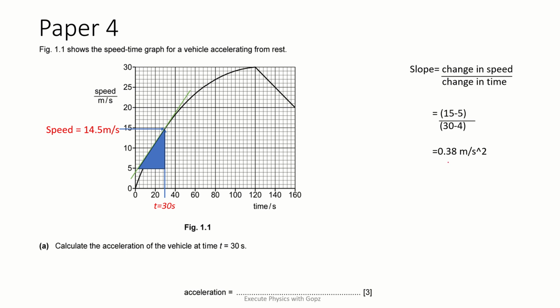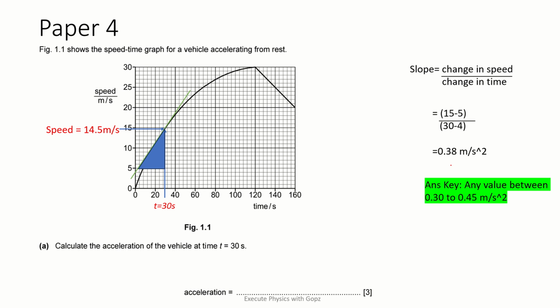In the answer key, they will not give you a specific answer, because this is the triangle that I have chosen. You can choose a different value as well, so the value can change. The answer key says any value between 0.30 to 0.45 will be awarded marks.